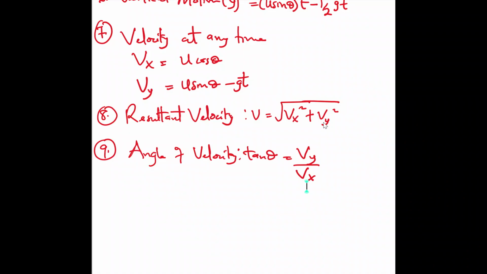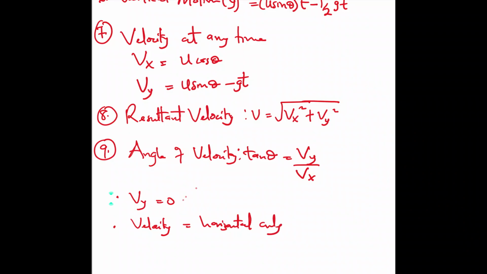There are some special cases you need to remember. At the highest point, vy equals 0, and the velocity is equal to the horizontal part only.